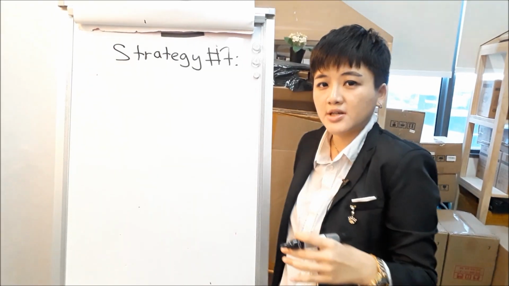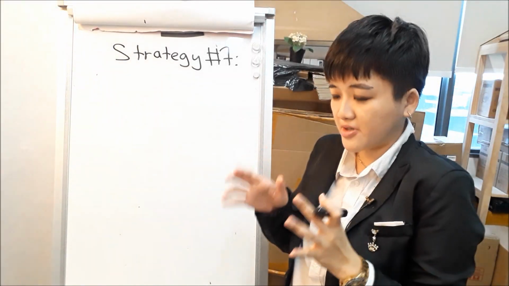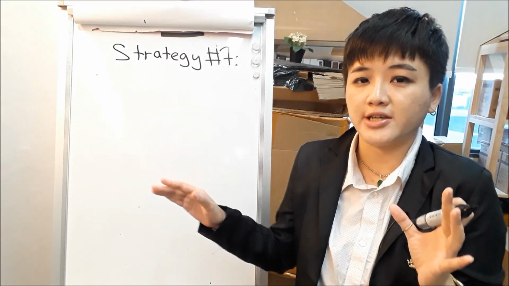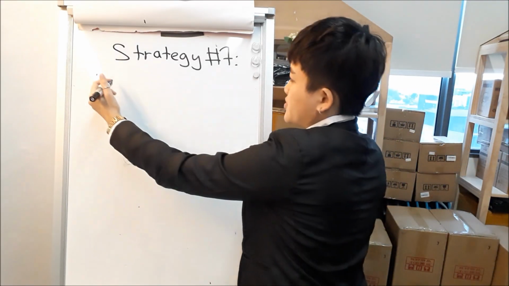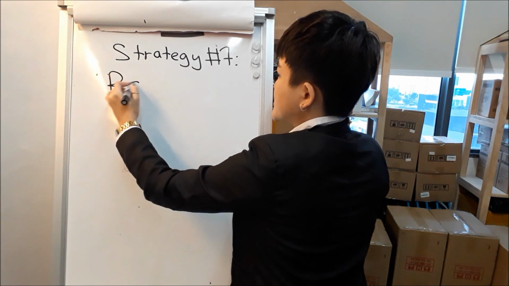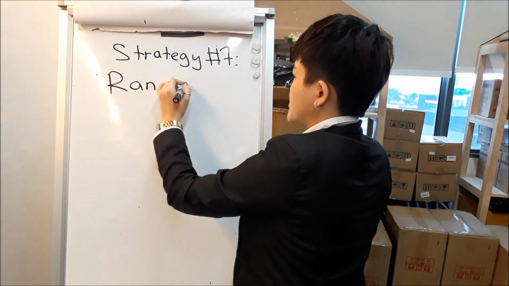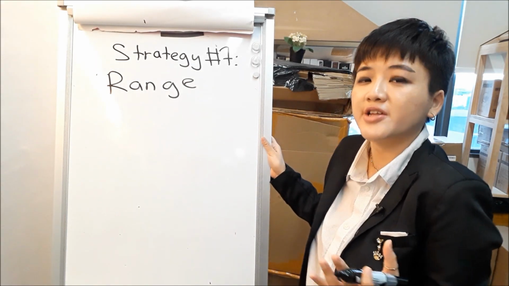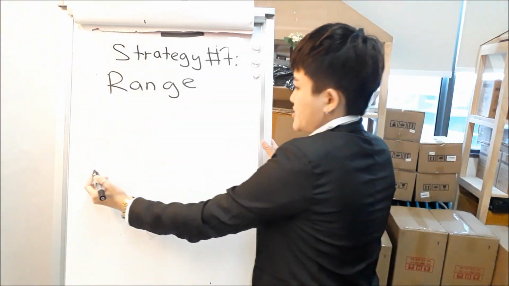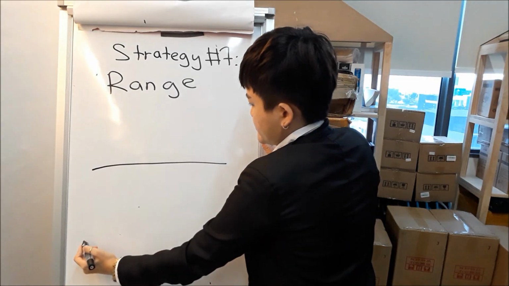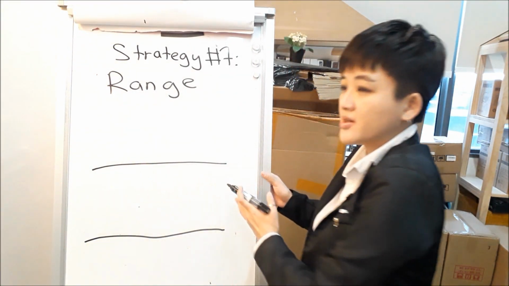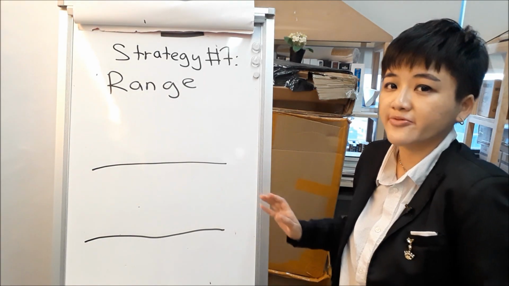So the 7th strategy, you use if you are trading in a ranging consolidation market, meaning a sideways market. You can set your TP based on the range. When it comes to range trading, you can trade it in 2 ways. The first one: normally in a ranging market, you would have a very strong support and resistance forming.